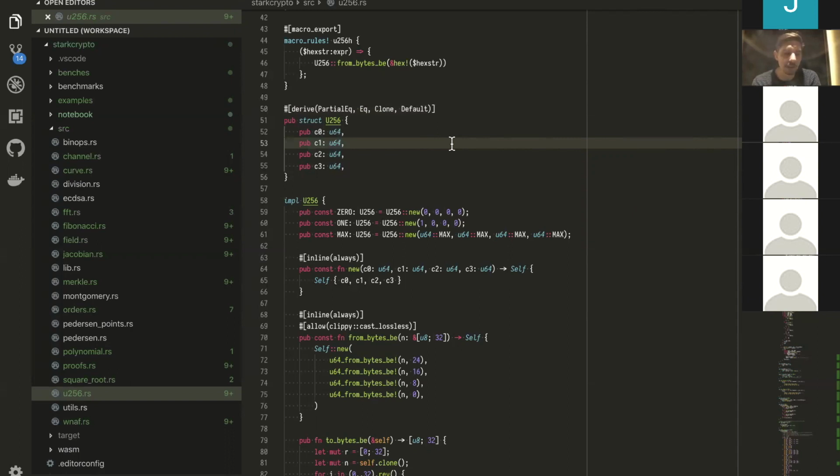You want to have good control over the low-level implementation of your prime field. So that's why you pick the integer type that's most native to your system.